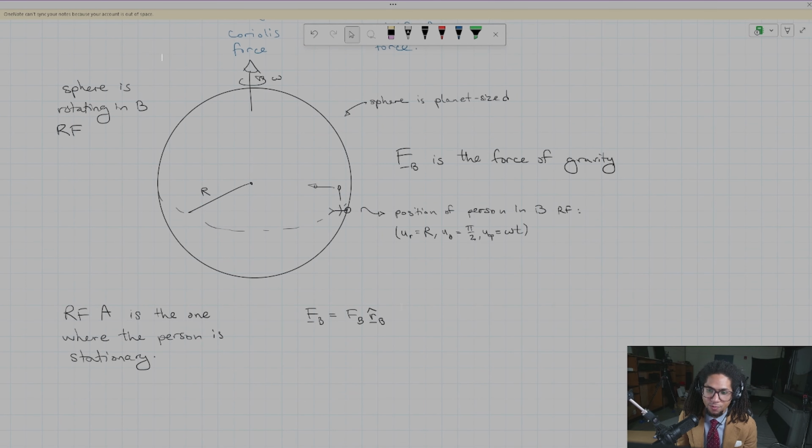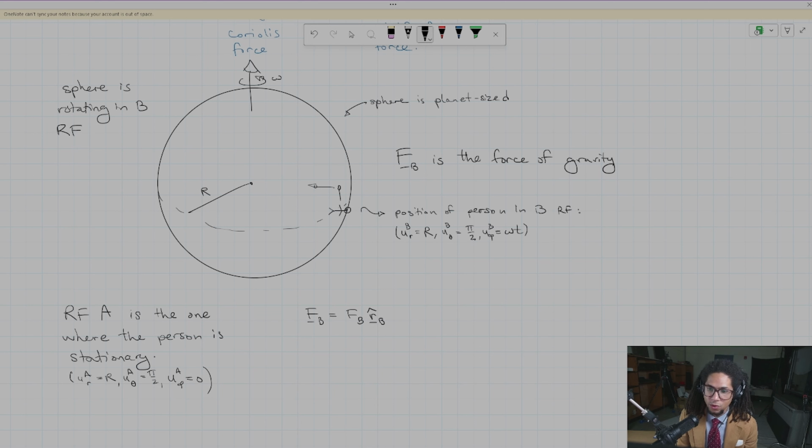The position of the person in the A reference frame, maybe I should superscript these with A's, is always going to be: U_R^A is equal to R, same as before. U_theta^A is equal to pi over 2, again, just as before. But U_phi^A is equal to 0. We're always at phi equals 0 here.